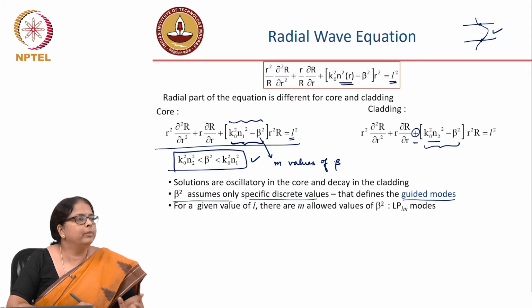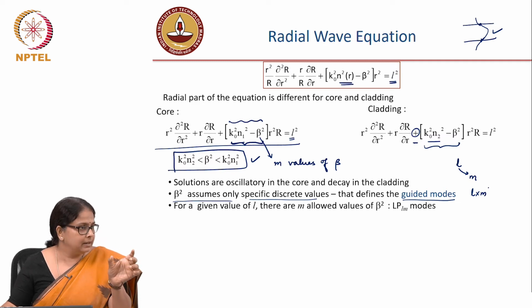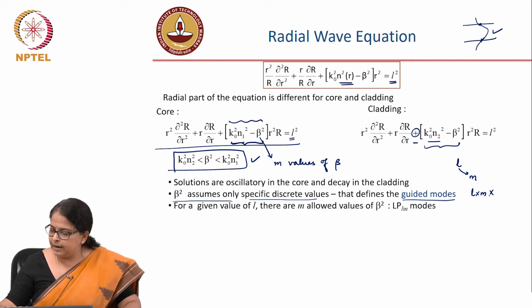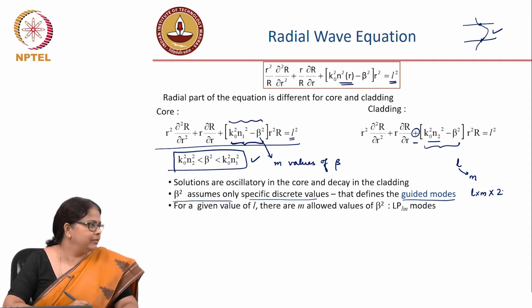So, totally how many allowed modes will you get? For each value of L, you get m values of beta. So, you will get L times m number of modes supported, multiplied by 2 for polarizations. These are the number of modes supported in the fiber.